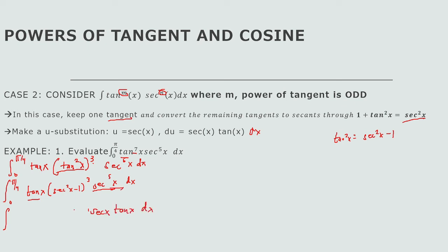So what remains here is sec to the power of 4. Okay. And then this one is still secant squared x minus 1 raised to the power of 3, from 0 to pi over 4. Then when we use substitution here, we change our limits again, right? So this one, secant squared x minus 1 is u squared minus 1.